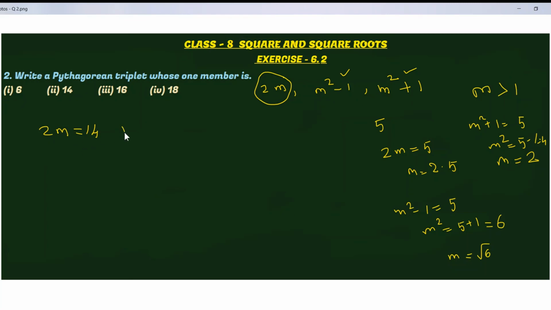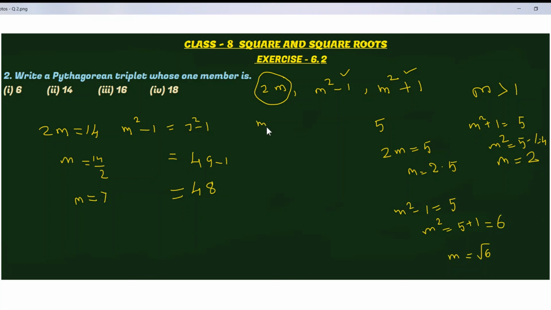Then we need to find the next number of the Pythagorean triplet, which is m square minus 1. Here you need to find the m value, which is 14 upon 2, which is equivalent to 7. So m is equivalent to 7. You need to apply the value here. 7 square minus 1 is equivalent to 49 minus 1, which is 48.